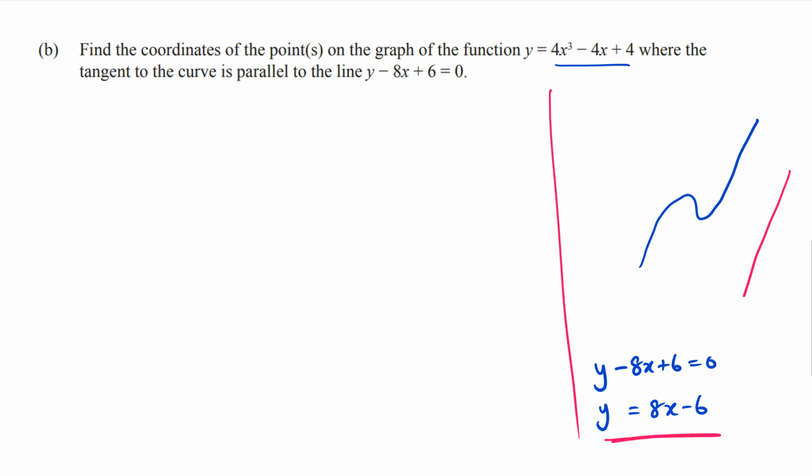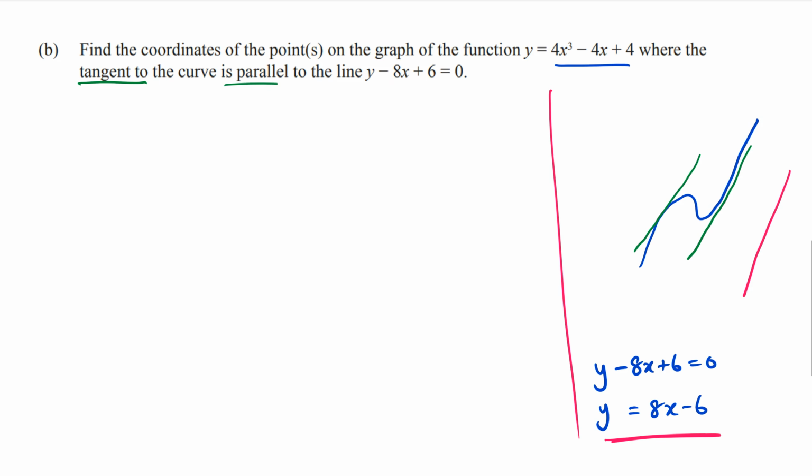We don't know where it is, and it could even be in the middle. But what the question is asking is, when is the tangent parallel to the line? So you could potentially have two tangents parallel to this particular line, because there's going to be two gradients. Could be two, could be one, but we'll find out.